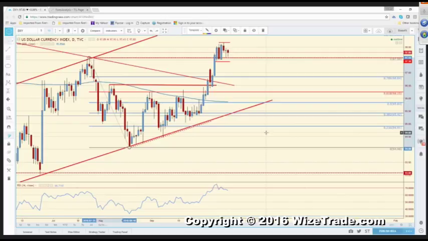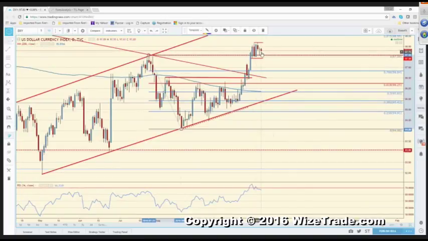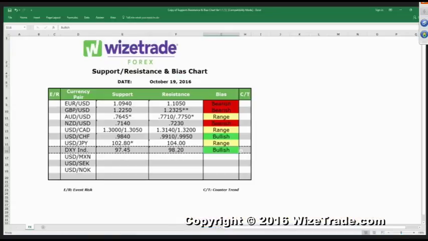You think the dollar buying's done, and as soon as you think that, they swoop back in and start buying dollars again. So you have to be careful being too bearish the dollar yet. If we get below 97.45, then that opens up a door for a nice retracement. But while we're above here, it's a tough trade, trying to be short the dollar.